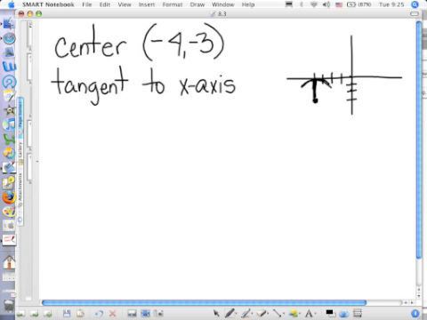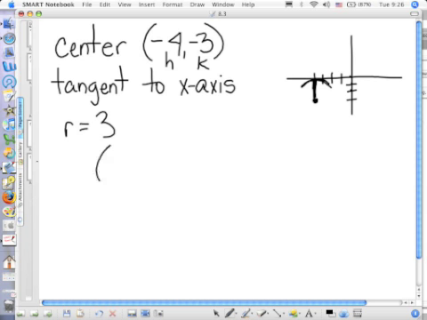Okay, so we know our radius. Our radius is 3. That's what they've told you. By saying that it's tangent to the x-axis, they have identified for you the radius. Do we have all the pieces that we need to write the equation? Yes, because we know the center, so we know h, we know k, and now we know r.